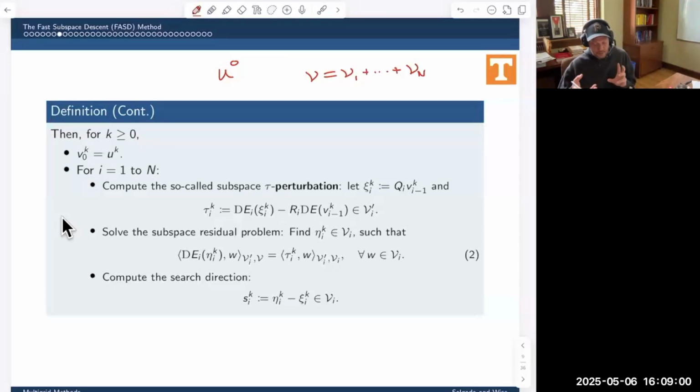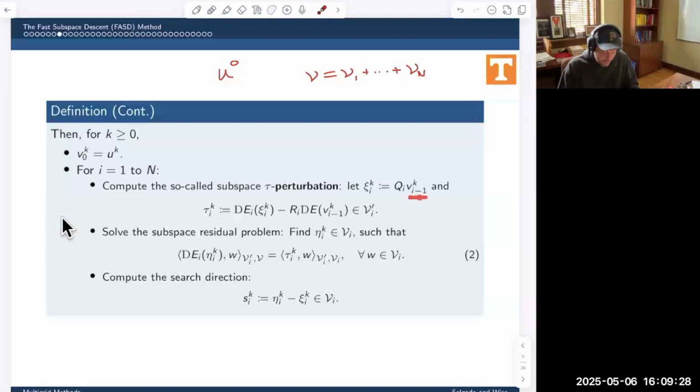And so when we solve each of these subspace problems, it's going to involve solving these energy perturbation problems, which we're going to describe now. So we loop through these subspaces from 1 to n, and the first thing we do is we calculate something called the tau perturbation, which we'll try to explain later in some detail, why it has the form it does.